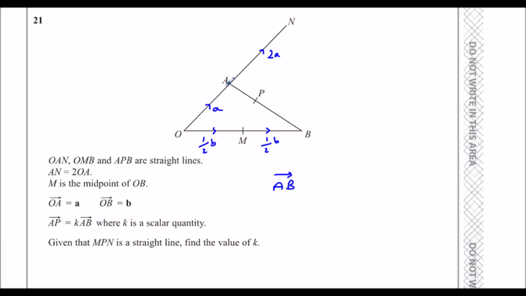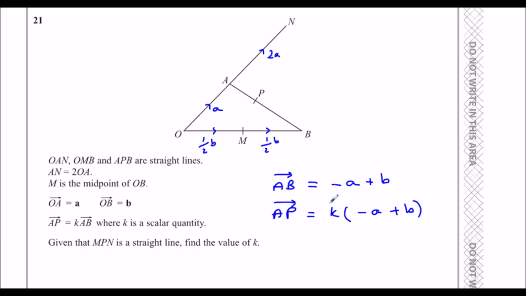So I'm going to go minus A plus B. So A to B is minus A plus B. And that means that A to P is k times this. So k times A to B, k times minus A plus B. Okay, so there's A to P.